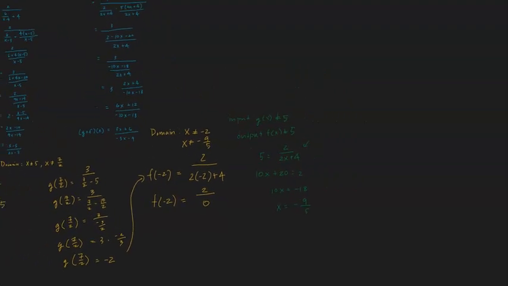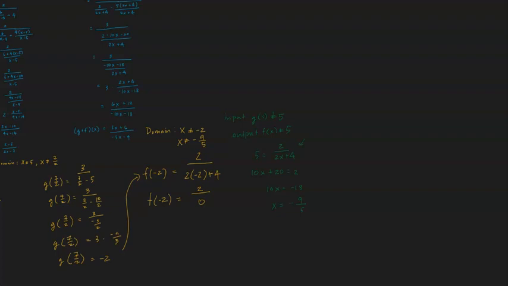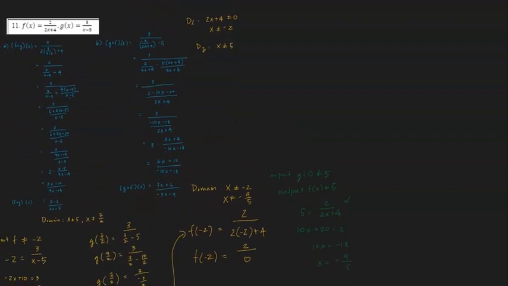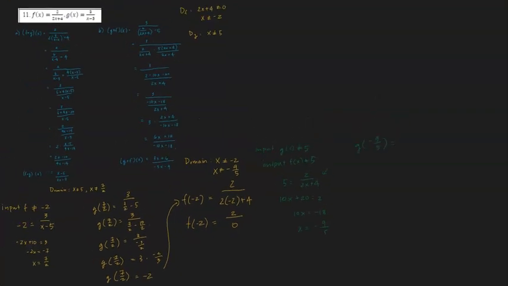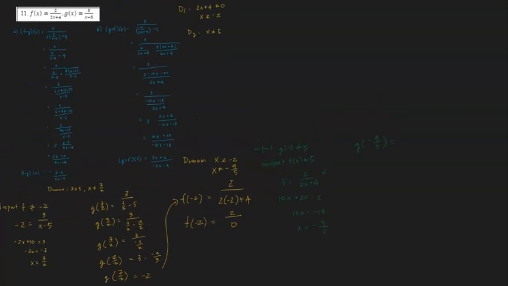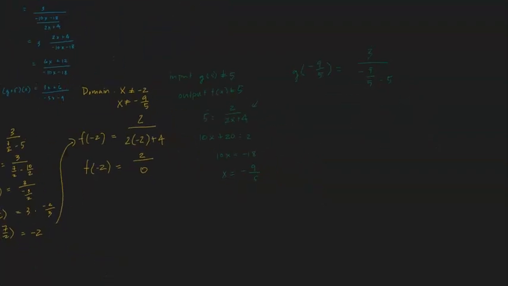And I could test it again. I could make my input function g. So g of negative 9 over 5 is going to be equal to 3 over negative 9 over 5 minus 5.